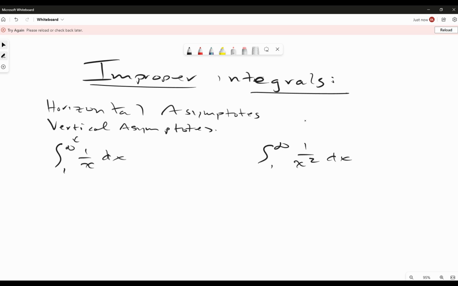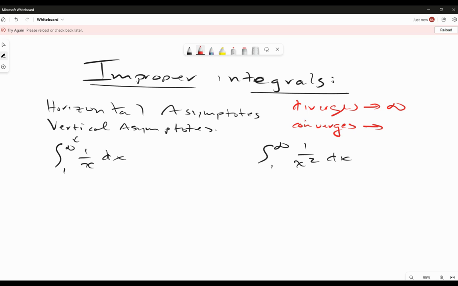Let's look at this piece here, because if we integrate it and just plug things in, it doesn't work well, because we also have to decide if it diverges or converges. If it diverges, you get an answer of infinity, so it doesn't go to an exact answer.